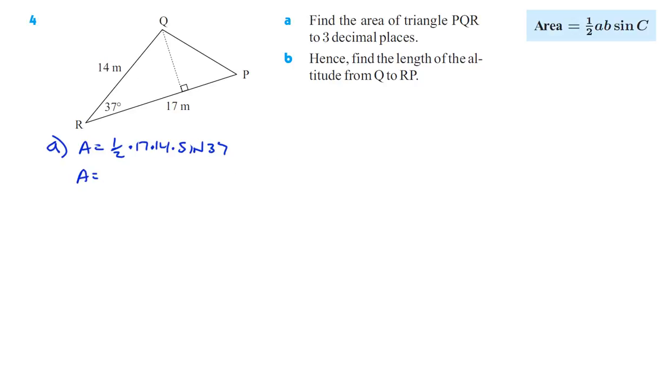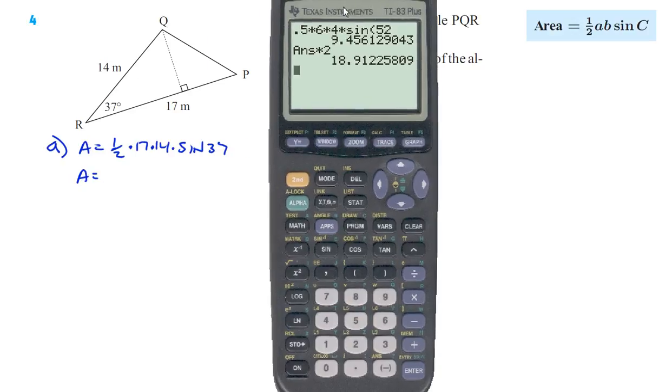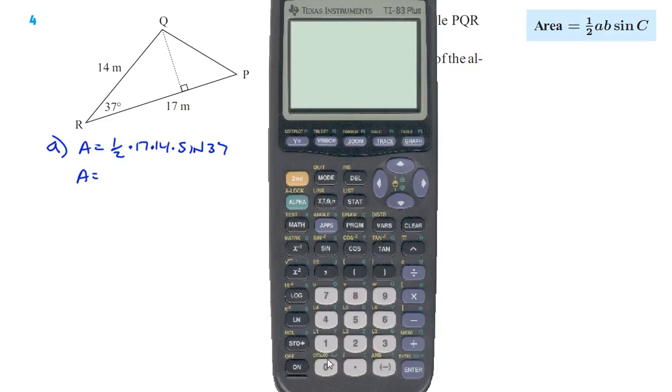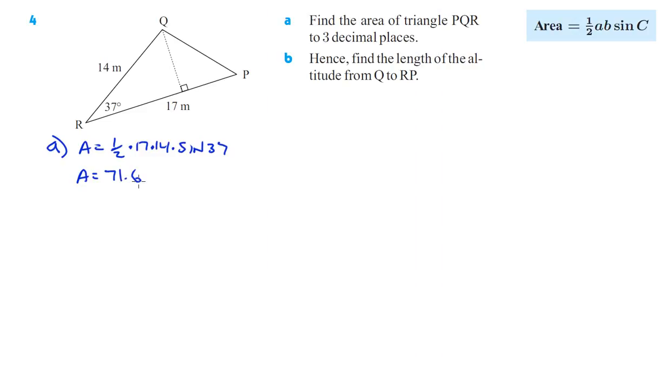So area equals 0.5 times 17 times 14 times sine of 37, which gives us 71.6, and that's going to be meters squared for the area of that triangle, right?